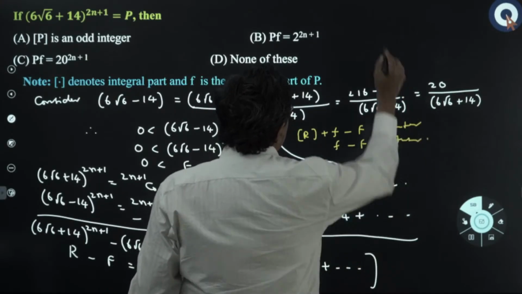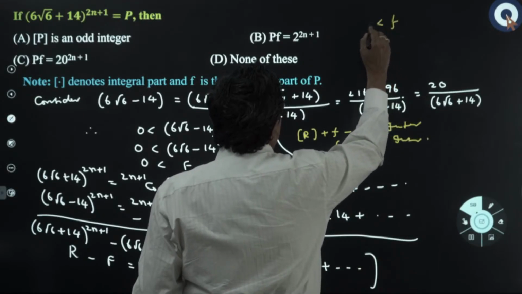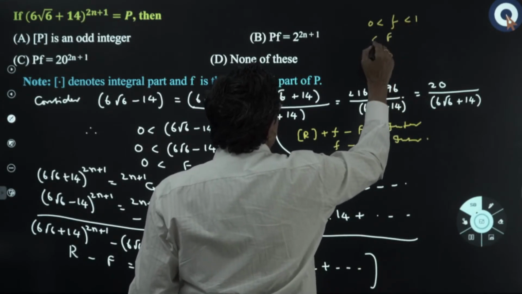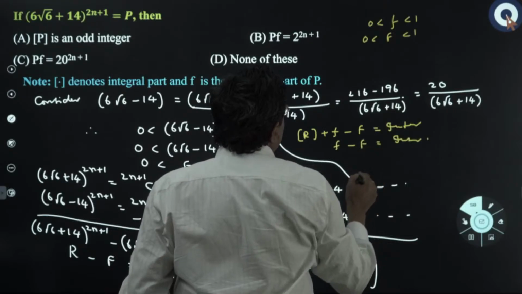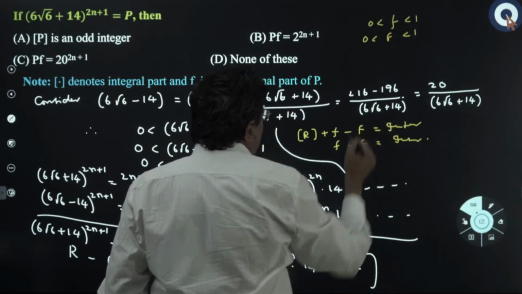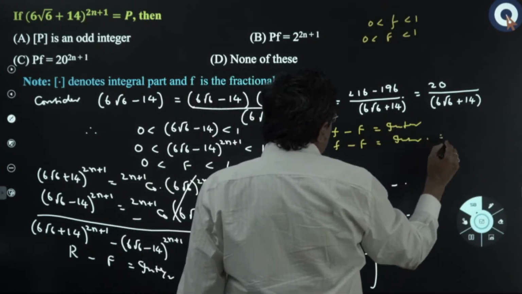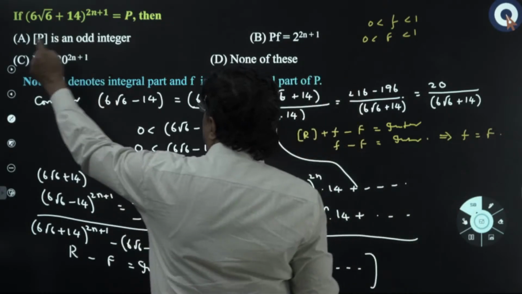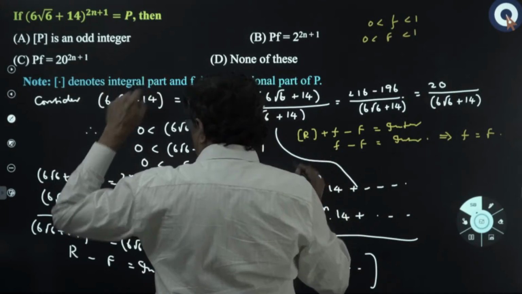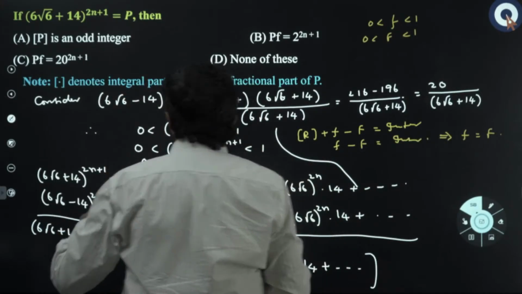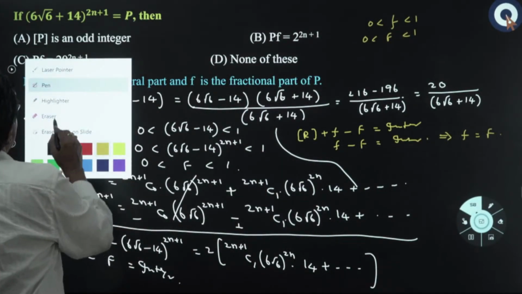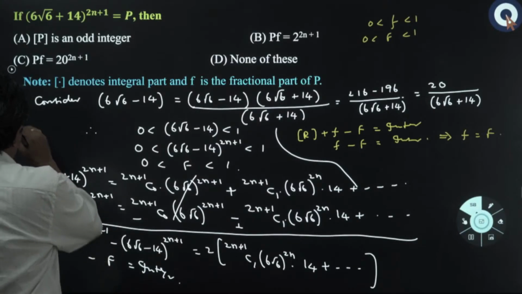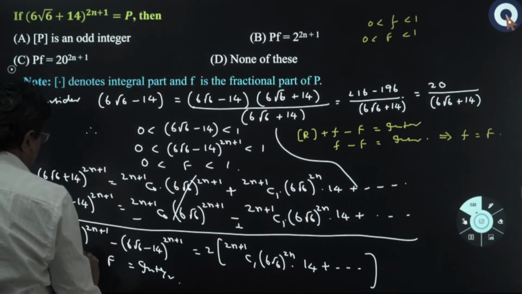Now you see small f lies between 0 and 1 and capital F also lies between 0 and 1. So f minus F has to be 0, because both lie between 0 and 1. This implies that small f is equal to capital F. Instead of R we call this P basically.